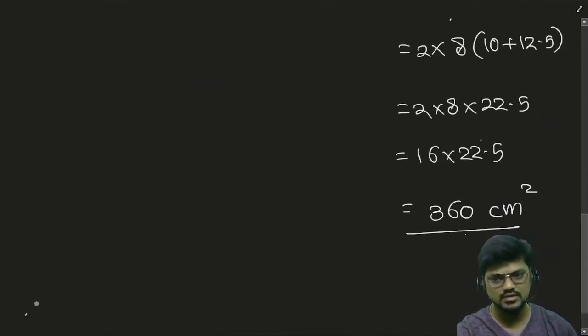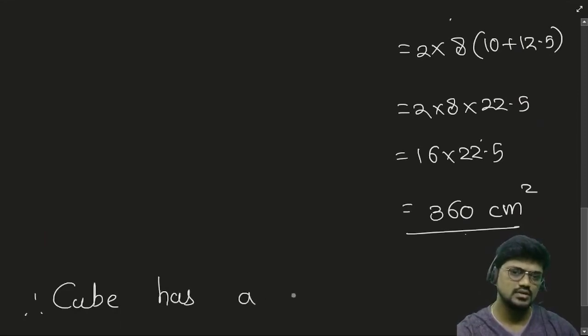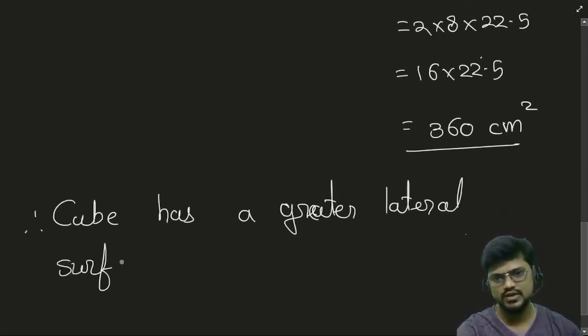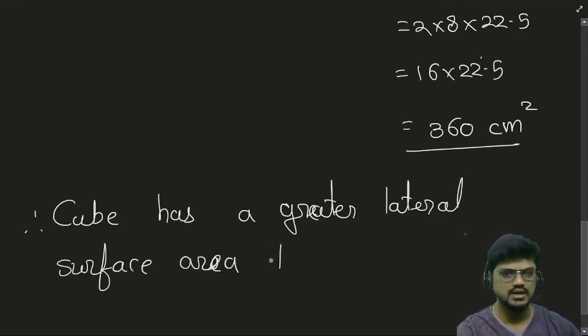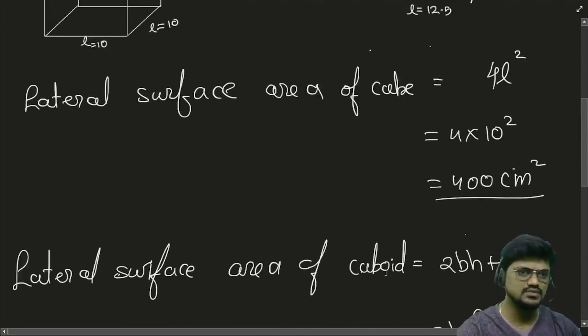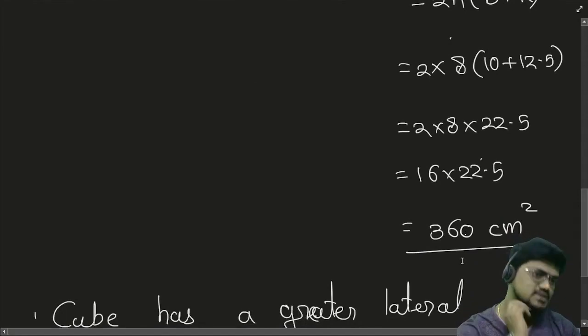So we can say the cube has a greater lateral surface area than the cuboid by 40 centimeter square. Got it? Because this is 400 and this is 360. So it is greater by 40 centimeter square.